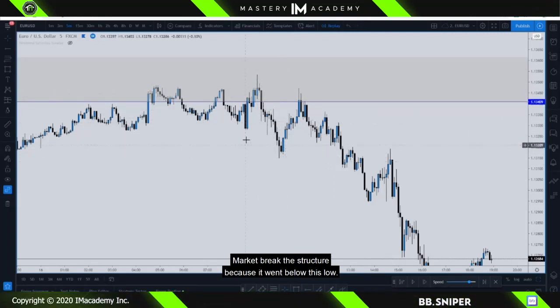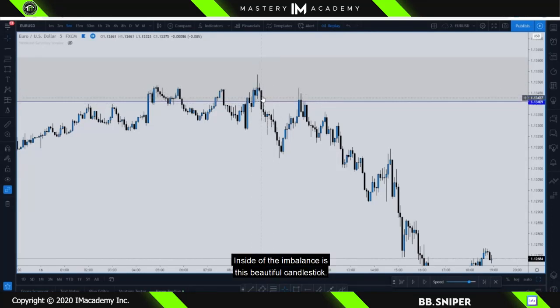Market broke the structure because it went below this low, right? This is the structure that created a liquidity run, and then the market just gave it to the downside. And when the market is coming back up, it's coming back for the institutional candlestick, and it's coming back to this imbalance. That's the beautiful thing, because we have everything connected to each other.